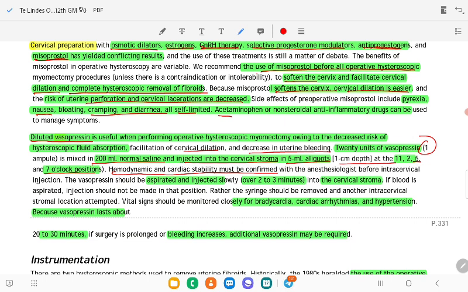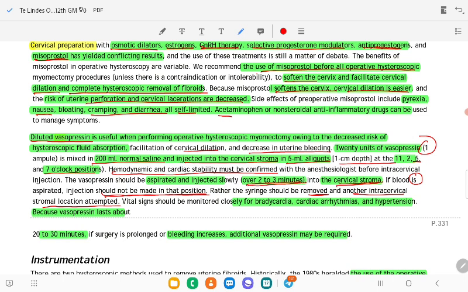The vasopressin should be aspirated while you inject. You should always inject very slowly over 2 to 3 minutes into the cervical stroma. If blood is aspirated, don't inject the rest in that position; remove the syringe and attempt another intracervical stromal location.